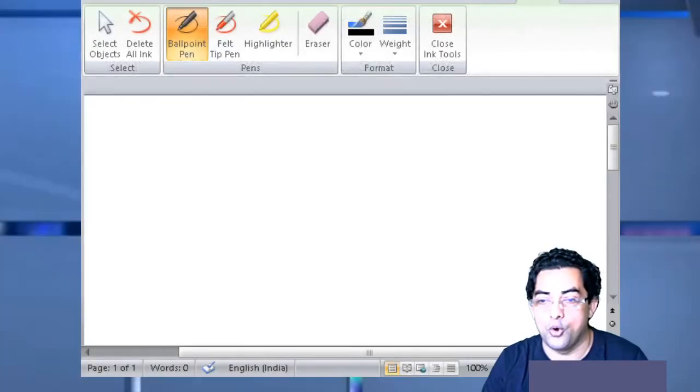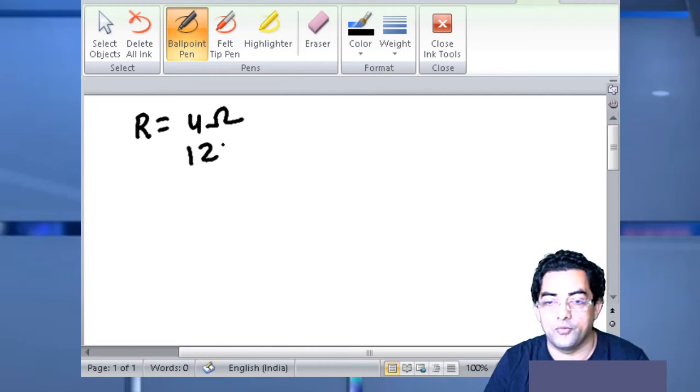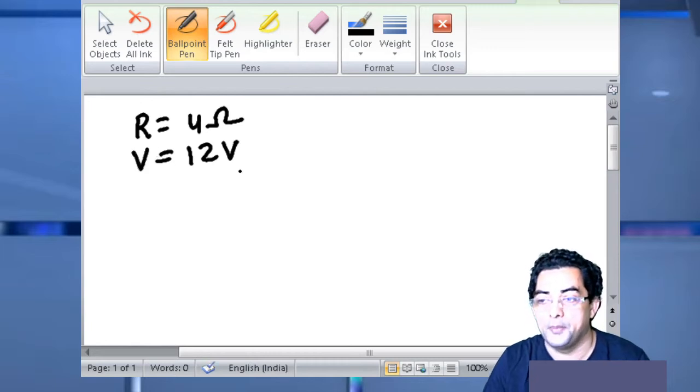So 4 ohm resistor means R is going to be 4, and what else? It says 12 volt battery. So 12 volts is called the potential difference, which is V. Okay, but now see here, there was a trick. I don't know, some of you by fluke may have got it right.